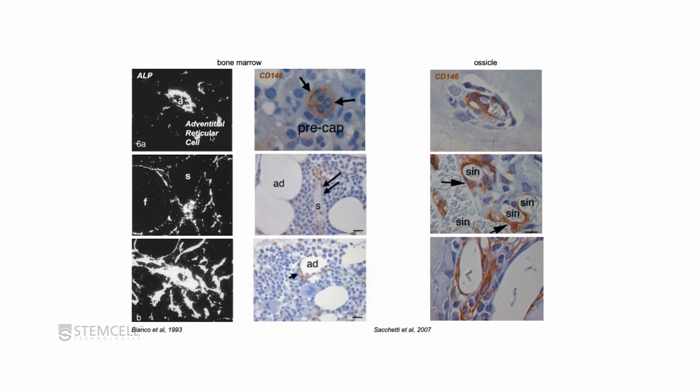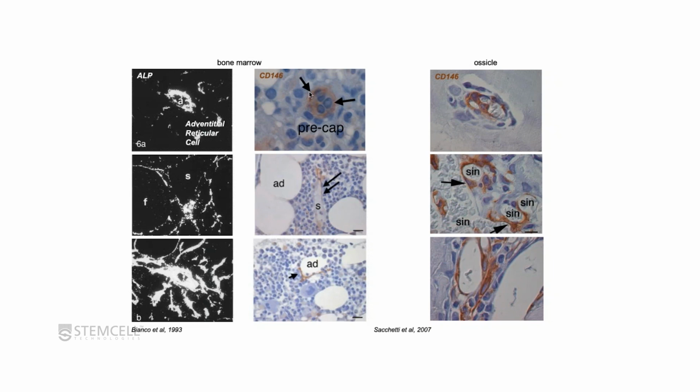This is a perivascular compartment of the bone marrow stroma that has been identified a long time ago, but has remained poorly characterized for many years because of the very elusive morphology of the cells, which can be properly visualized only through special histological techniques, such as, for instance, alkaline phosphatase and confocal microscopy. As you can see here, the branched and really elusive morphology of these cells.